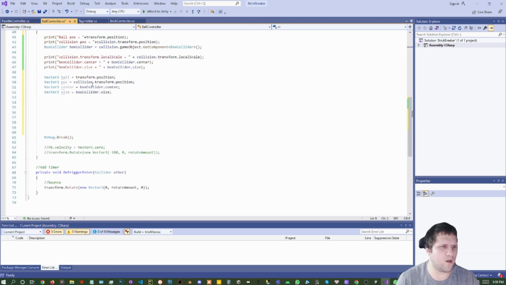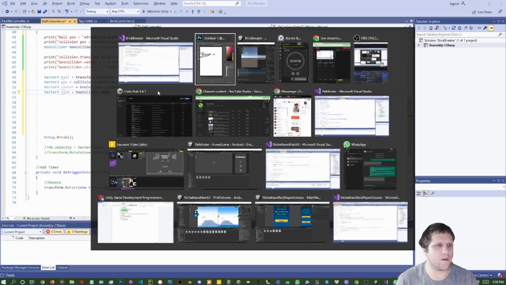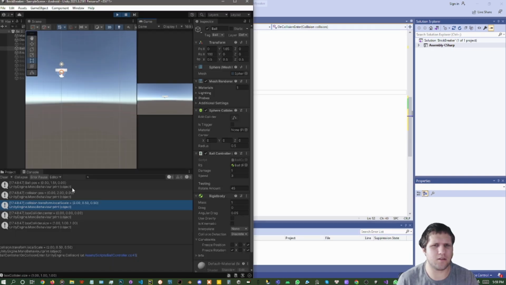Then what if we get just on the edge. The size, and the box collider size is 1, 1, 1.